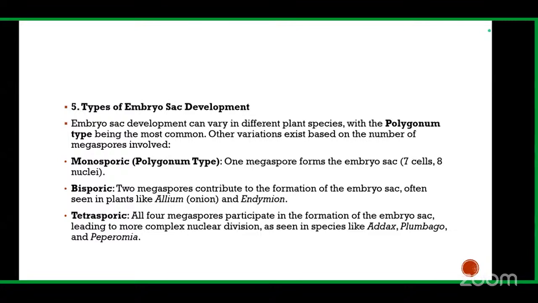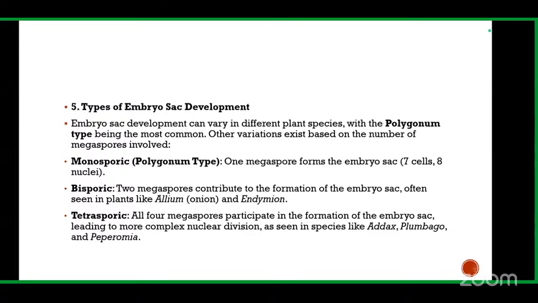Next is the bisporic. Here two megaspores contribute to the formation of the embryo sac, often seen in plants like allium, onion, and endymion. Basically in bisporic, out of the four haploid megaspores, two will participate and two will degenerate. So it is the bisporic type of embryo sac.